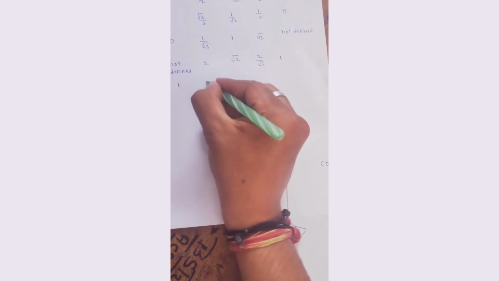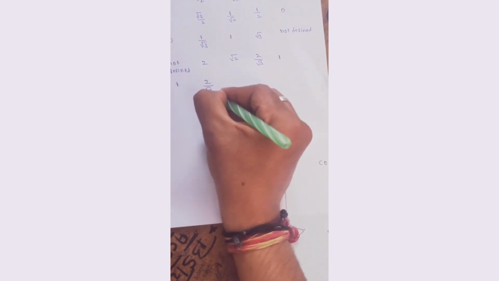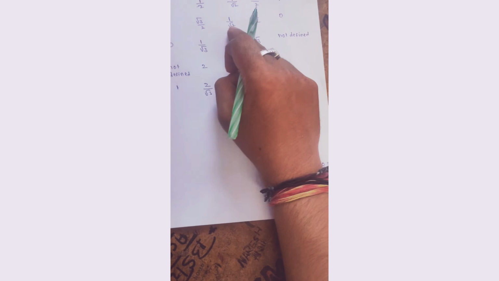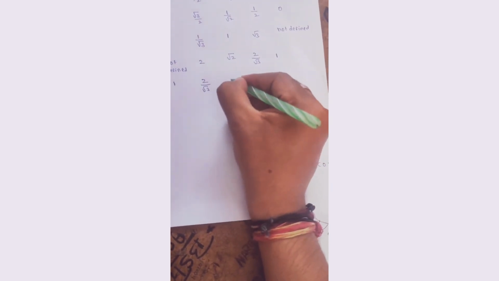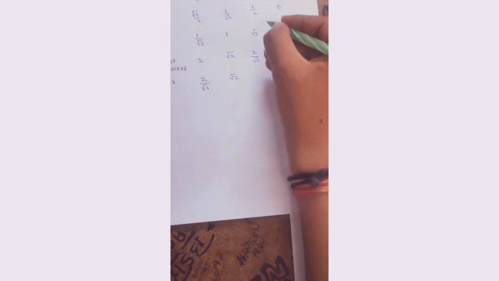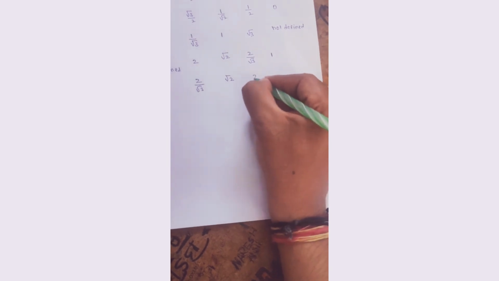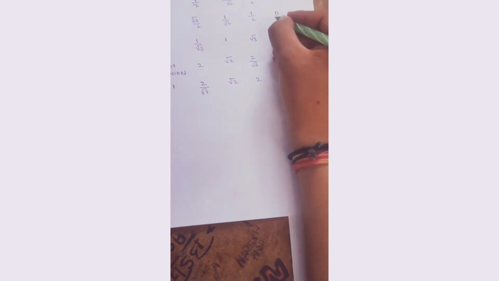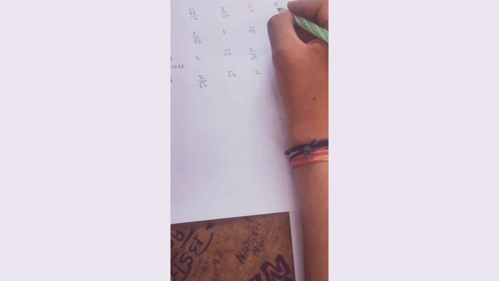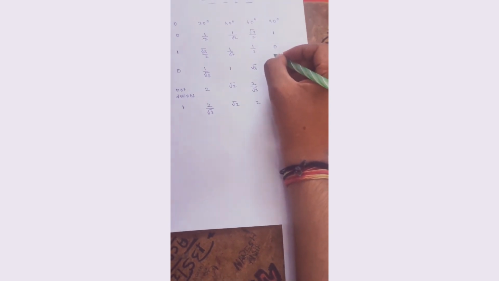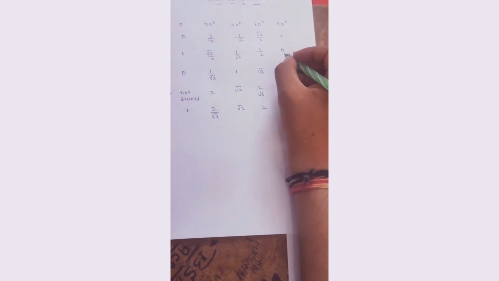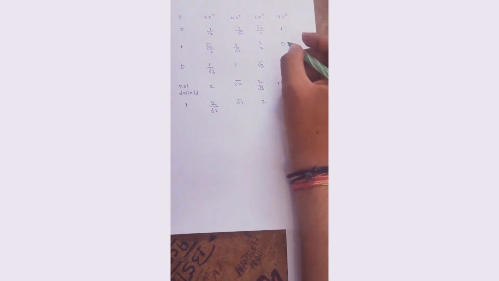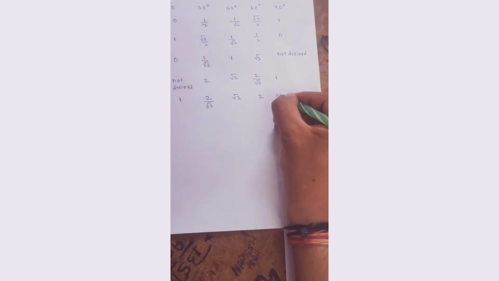Root 3 by 2 will be 2 by root 3. The reciprocal of 1 by root 2 will be root 2 by 1, that is nothing but root 2. The reciprocal of 1 by 2 is 2 by 1, that is nothing but 2. Here 0, the denominator we consider as 1. So the reciprocal of 0 by 1 will be 1 by 0, which is not possible. That is nothing but not defined.